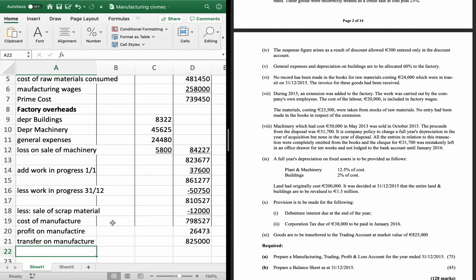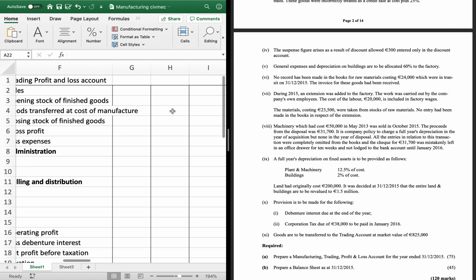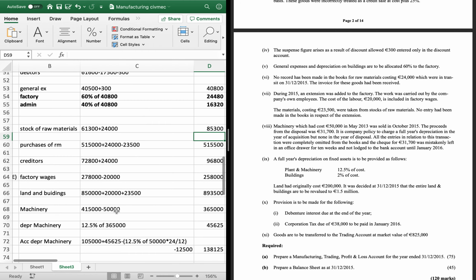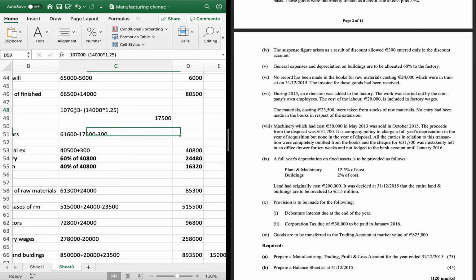Now, the good news is the trading profit and loss account will be much shorter than normal as a result of doing all this. So it shouldn't take us too long. So anyway, we've got our sales. Now we know we adjusted sales to be 10 something. So that'll be 1070 with an extra zero.